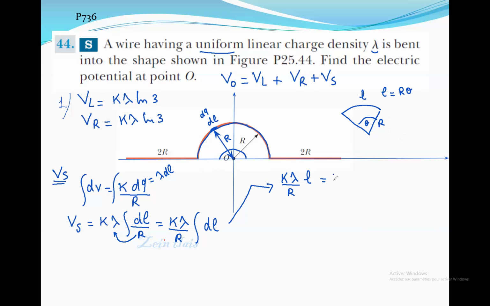So we can write k lambda divided by r times L equals r times theta. So we get finally Vs equals, we can eliminate r and r, k lambda times, excuse me, L equals r theta and theta equals pi, okay? We can say here pi. Excellent, huh? It's good.